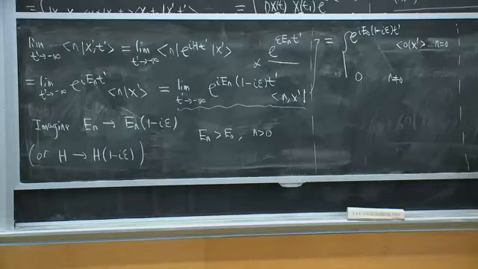Yes? If you want to formally show that all energy levels that are not the ground state get exponentially suppressed, you just take out the overall factor corresponding to the ground state. Then all the other coefficients will go to 0.